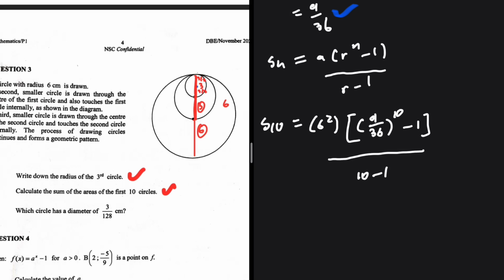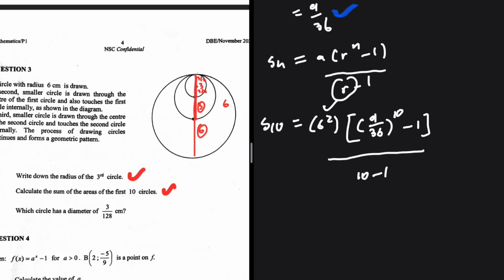I'm getting, let me just verify that I'm doing the right thing. So the first term is 36, and then, yeah, I have r minus 1. I substituted 10 there, which is wrong. It's not n minus 1, but r minus 1. I was getting a negative number, so I was surprised.